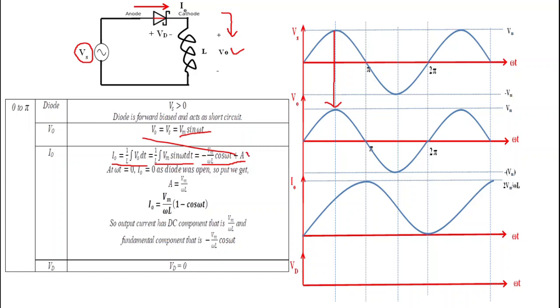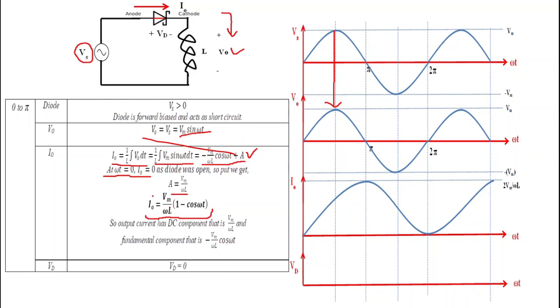Now we have to find this constant A. We know that at omega t equal to 0, I0 is equal to 0. Putting this, we get A equal to Vm by omega L, and putting this A in the equation of output current, we get output current equal to Vm by omega L times 1 minus cos omega t.